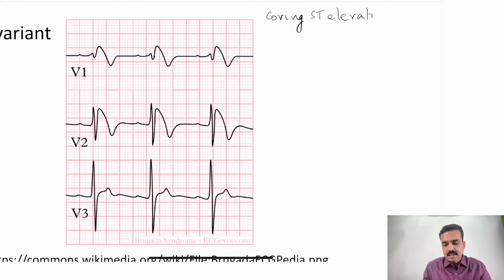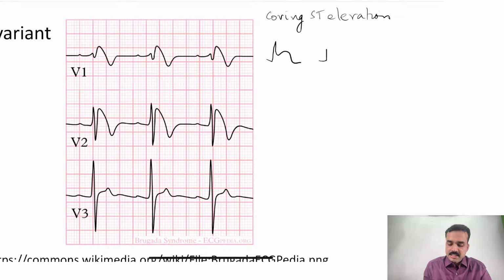Whenever there's an ST elevation, you're worried whether it could be a myocardial infarction. But this kind of convexity upwards is almost hyperconvex, right? When there is a myocardial infarction, you do expect a convexity upwards type of ST elevation, and that really helps you distinguish it from pericarditis ST elevation.